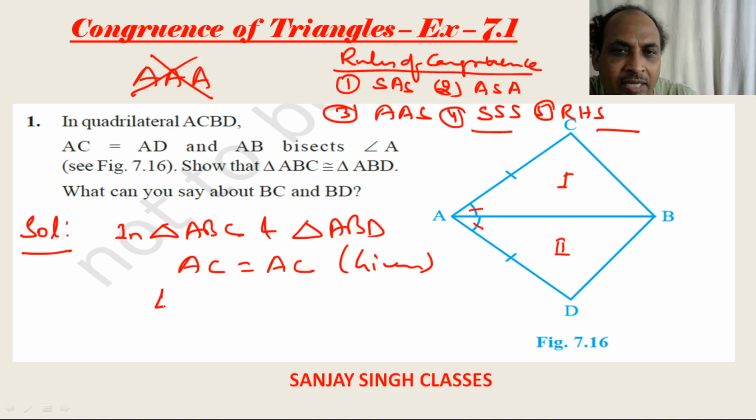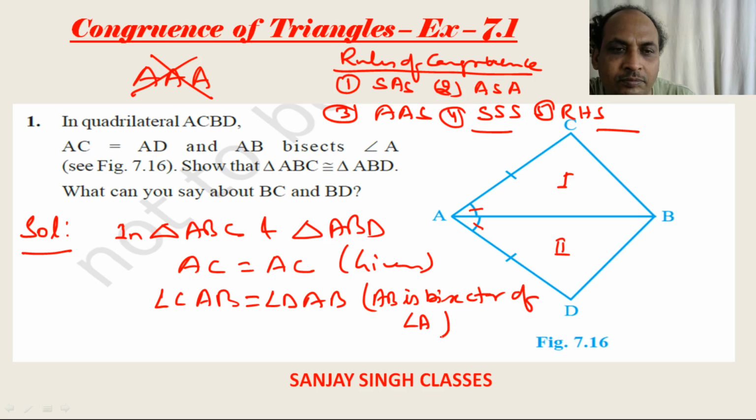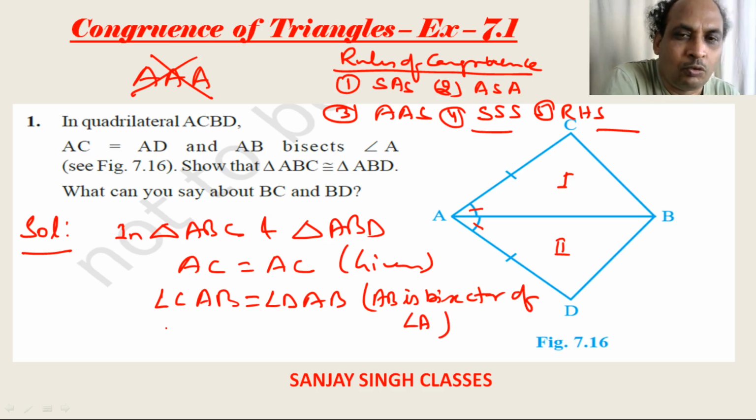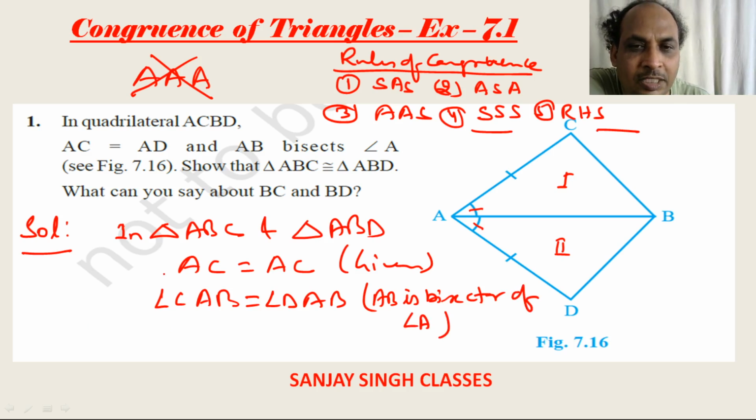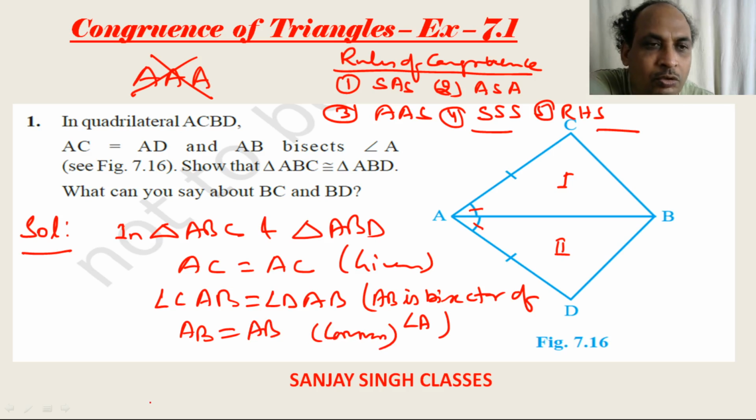Similarly, angle CAB is equal to angle DAB, so it is also given, or AB is the bisector of angle A. So one side we have proved equal, one corresponding angle, and further AB is equal to AB, so it is common to both.